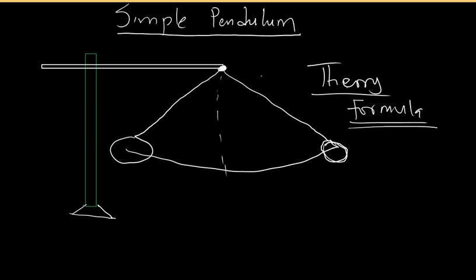So when you understand how it works theoretically, then the practical will not be a problem. You'll be asked to evaluate the period of the simple pendulum, and theoretically, the formula for the period of a simple pendulum is given as T = 2π√(L/g).